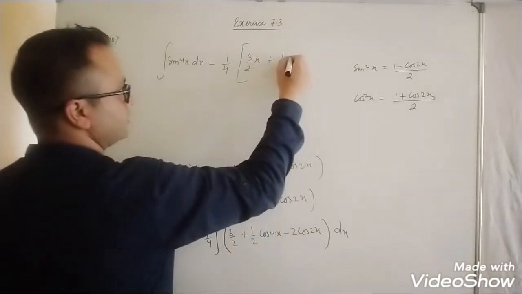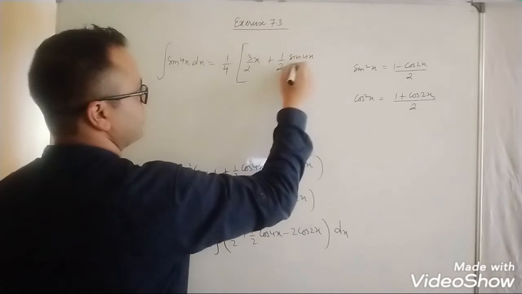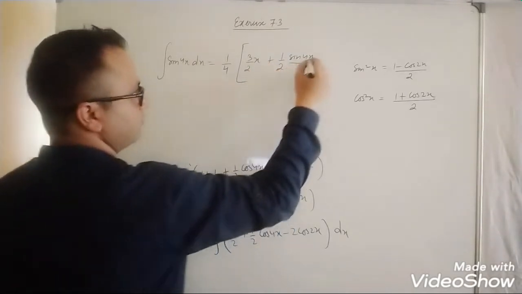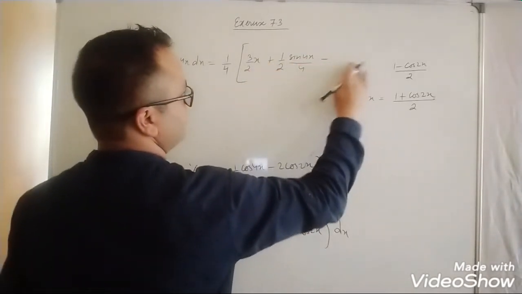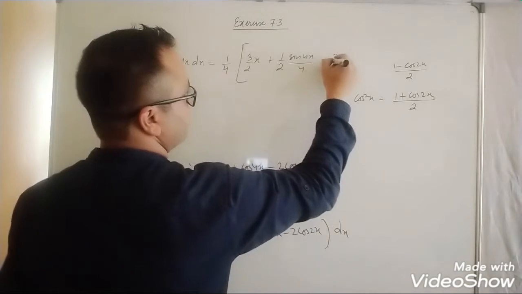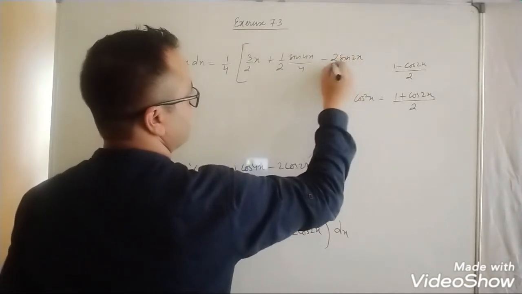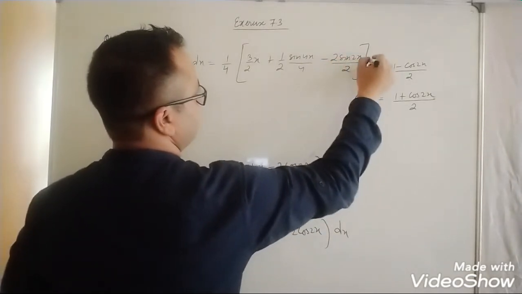It is sin x, so sin 4x by 4, minus 2 sin 2x by 2, plus c.